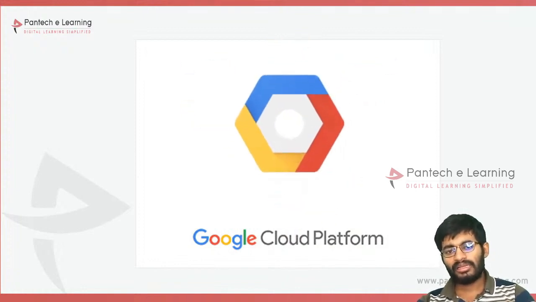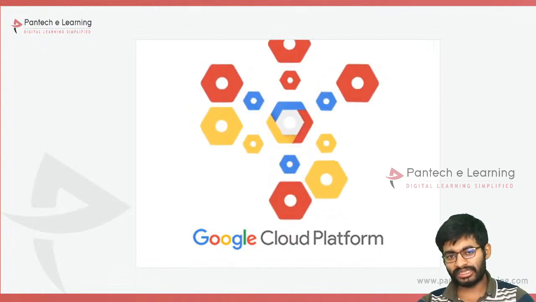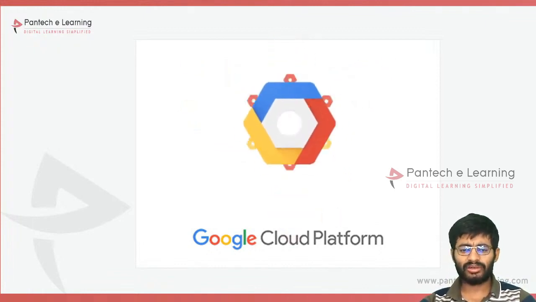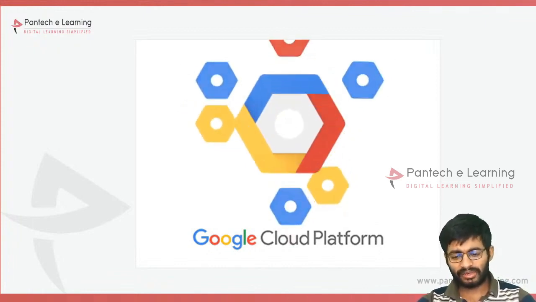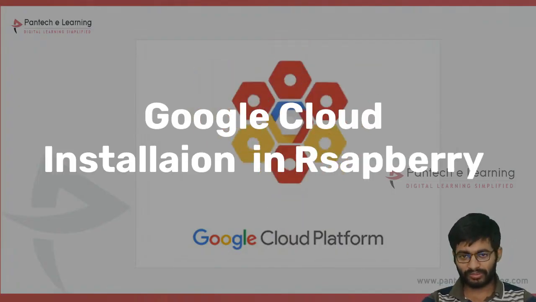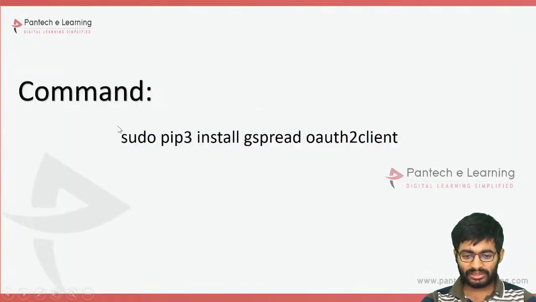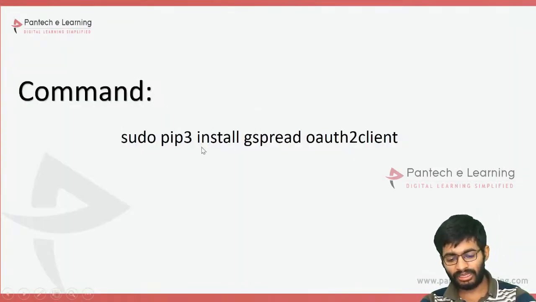From that itself, we are going to access the Google Drive as well as Google Sheet. Both are needed inside our cloud platform. So for that, our first step is to install this particular command into our Raspberry Pi.